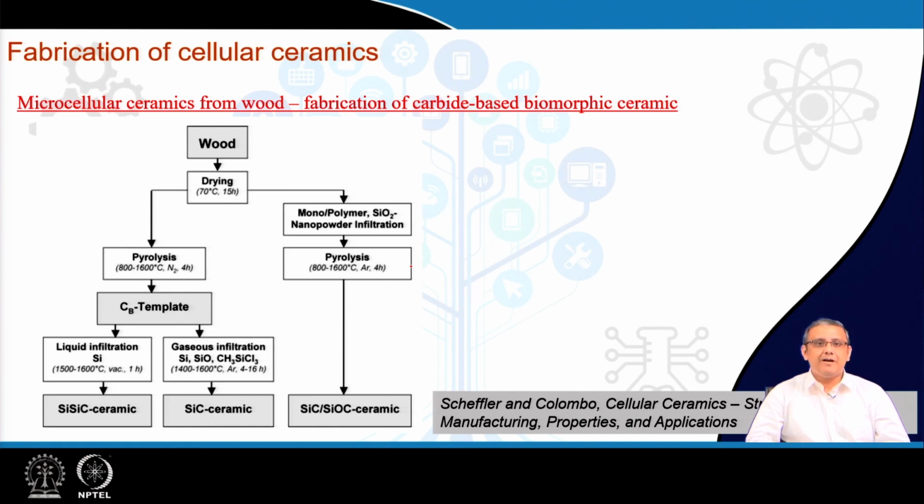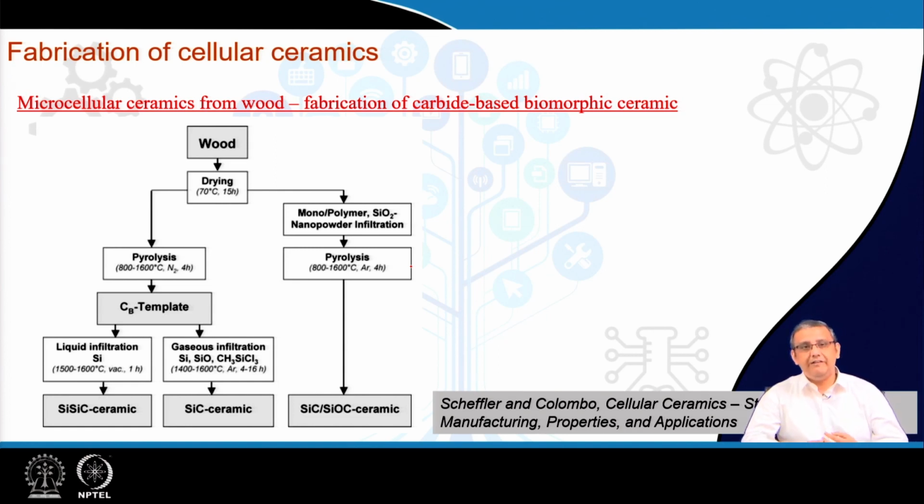This pyrolysis typically takes place in a nitrogen atmosphere, and after that one obtains a porous biocarbon template. Once this template is obtained, it is infiltrated with liquid silicon, and part of the silicon will react with carbon at those temperatures to form silicon carbide, and the rest remains as pure silicon. This way we can obtain a porous ceramic composite of silicon carbide and silicon.